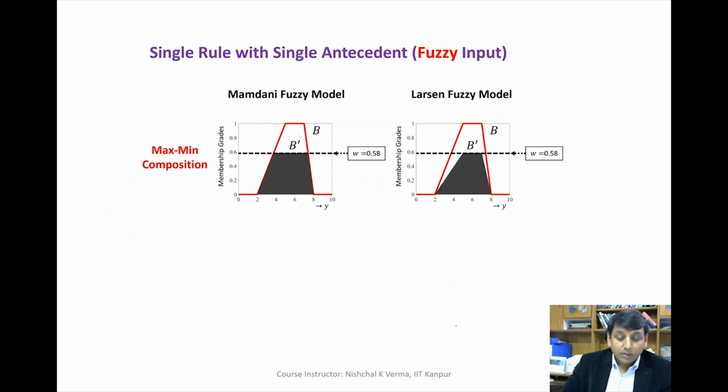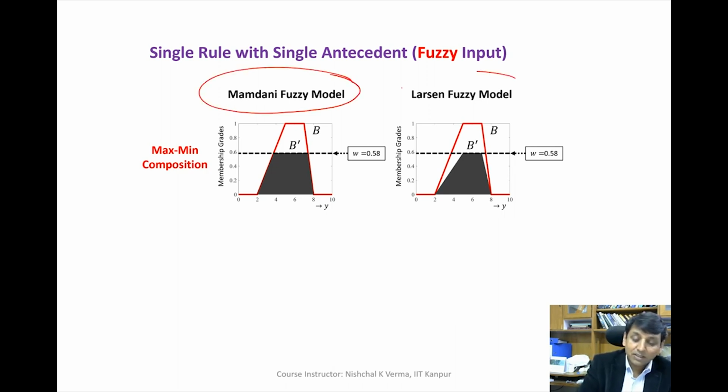Now, if we compare this output with the Mamdani fuzzy model, this is the output which we get by using the Larsen fuzzy model.